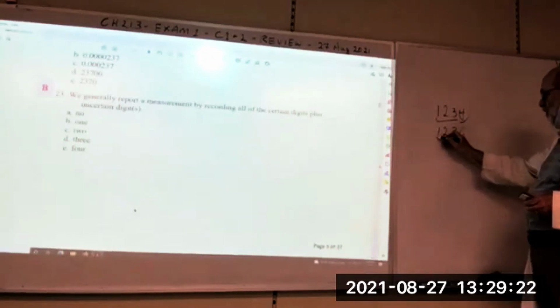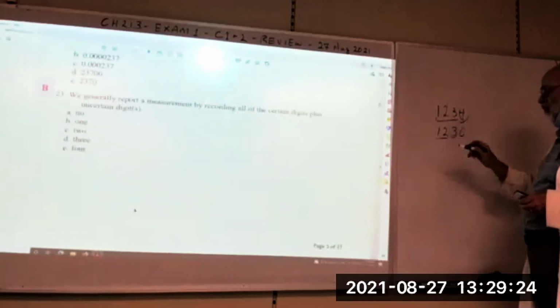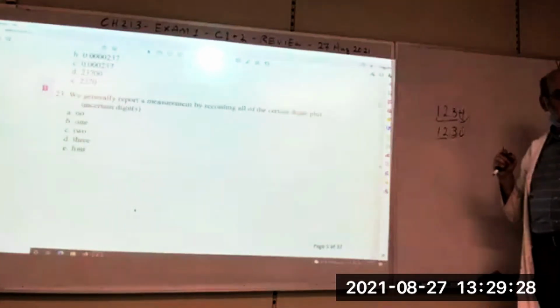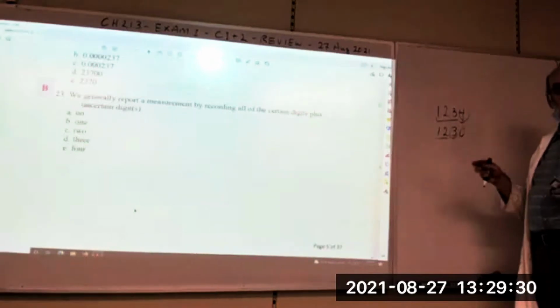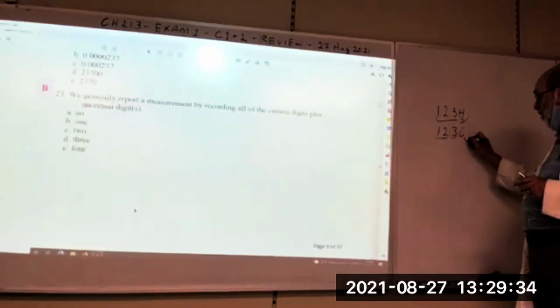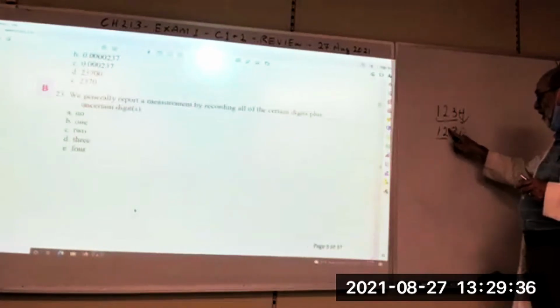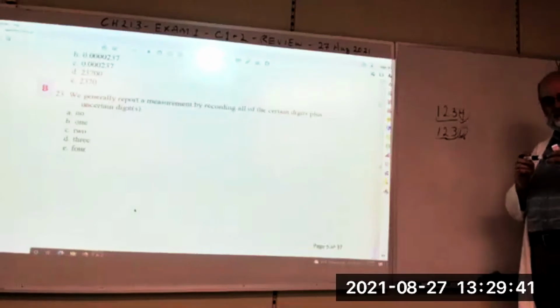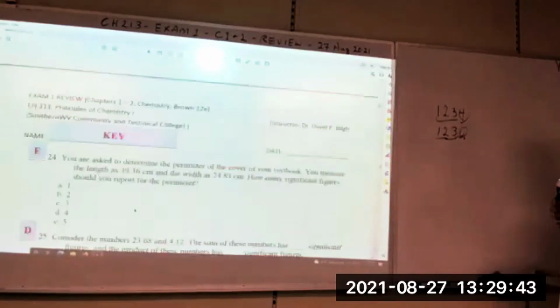They're going to see this one as certain, uncertain, because that digit's not significant, right? It doesn't have an explicit decimal point right here. Now, if you put that right there, now these are certain and that's uncertain. Okay.